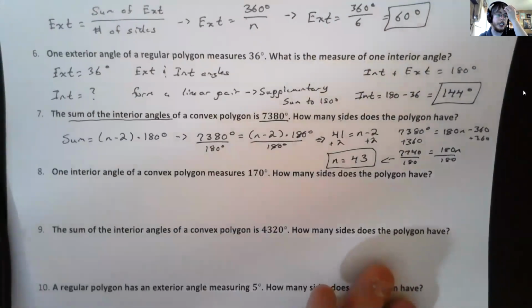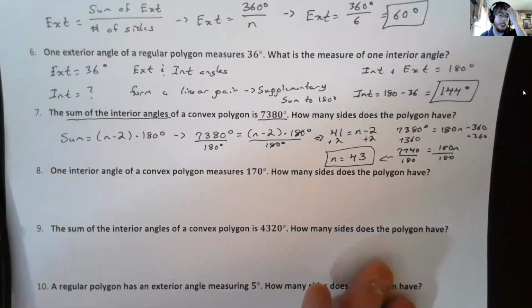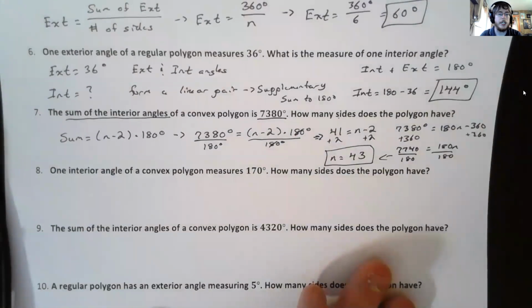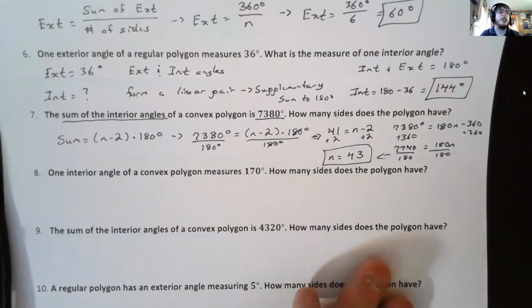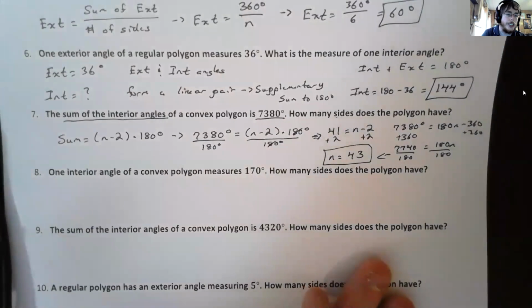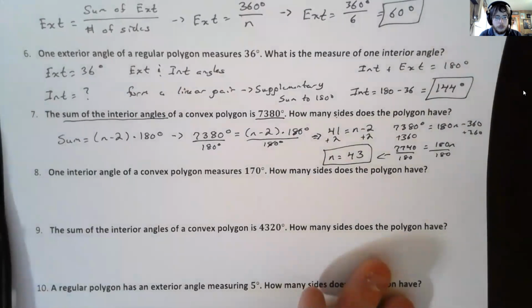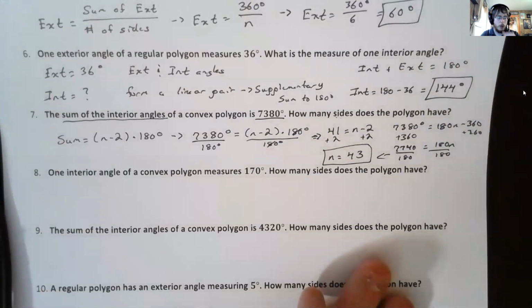All right, now let's look at number 8. So number 8 says one interior angle of a convex polygon measures 170 degrees. How many sides does the polygon have? Now, we could do this two different ways. Now, I'm going to do it one way.